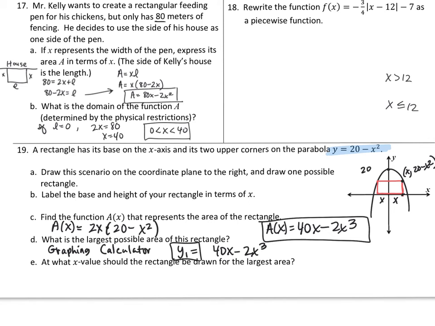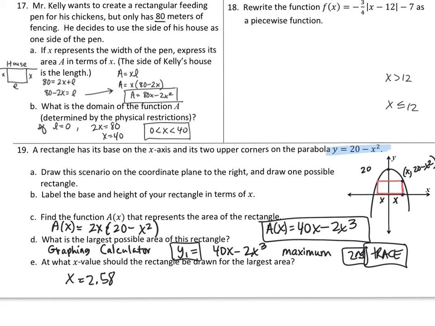Then look at the graph and find the vertex that we're looking for, the highest point. So you're looking for the maximum. Do that second trace and find the maximum. It should tell you that x is equal to 2.58 at the maximum.